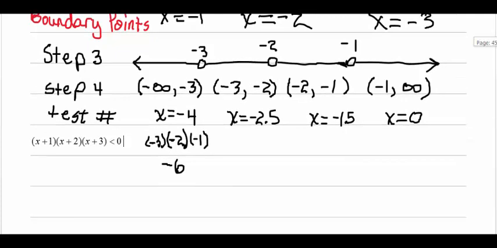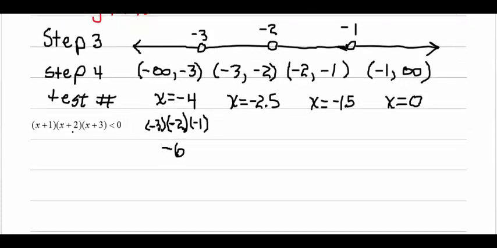And so our question is: if x is -4, this whole left side becomes -6. Is that less than 0? And that's true. The inequality is true if x is -4, because the inequality becomes -6 less than 0, and that's a true statement.